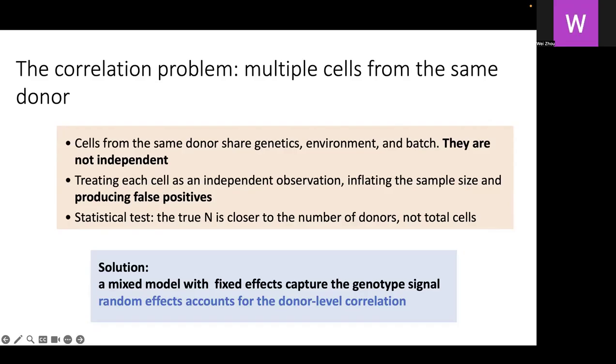If we treat each cell as an independent observation and run Poisson regression naively, we're inflating our effective sample size, and the result is p-values will be far too small and will have a massive false positive rate. And the solution is a mixed model, which explicitly models the correlation structure within donors.